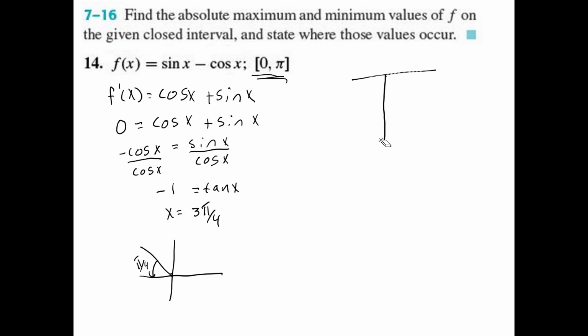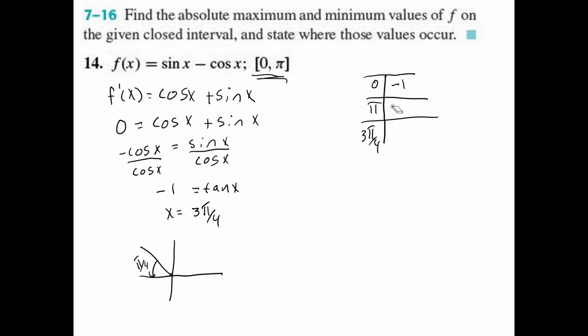And so then we make our table. And on our table, we put our endpoints, 0 and pi, and our critical point, 3 pi over 4. Sine of 0 is 0, cosine of 0 is 1, so at 0 we get -1.